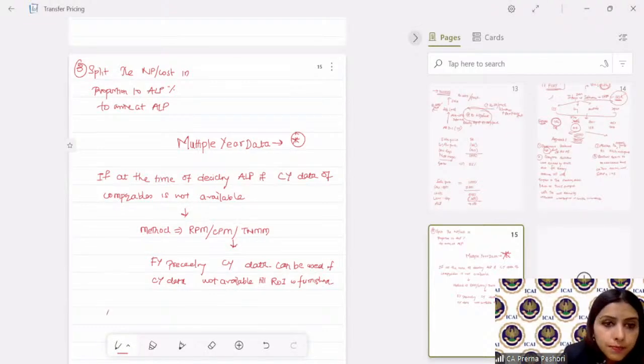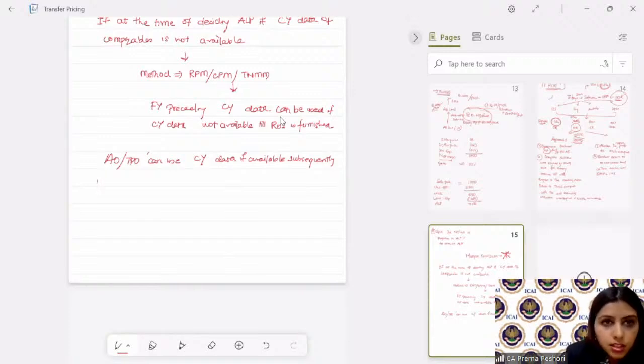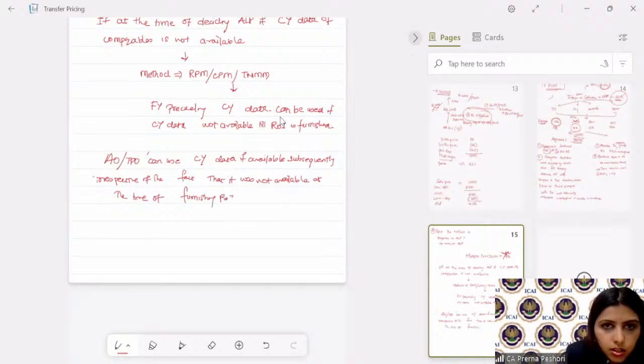So the AO or TPO, transfer pricing officer, can use current year data if available subsequently, irrespective of the fact that it was not available at the time of furnishing ROI.